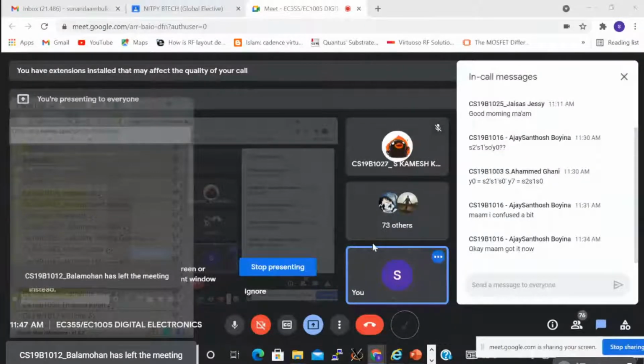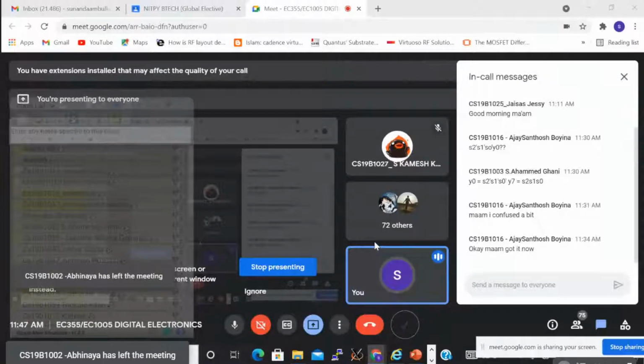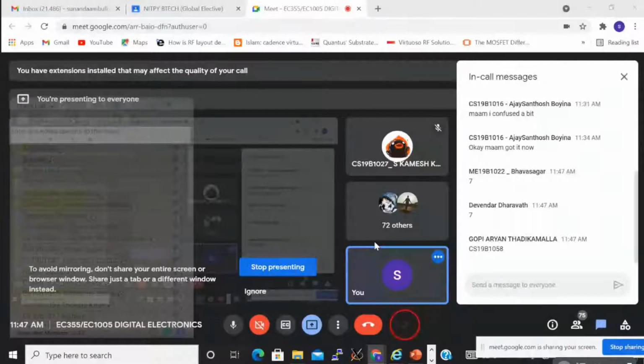No idea? Anyone? 7. Okay. Good. So, how many 2 cross 1 muxes do we need to implement 16 to 1 mux?